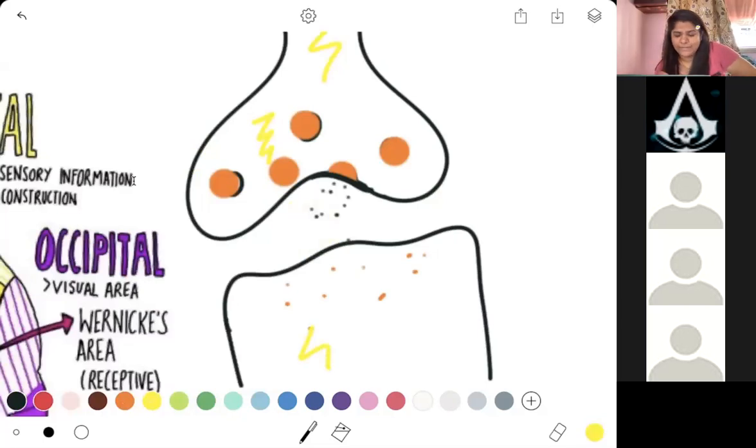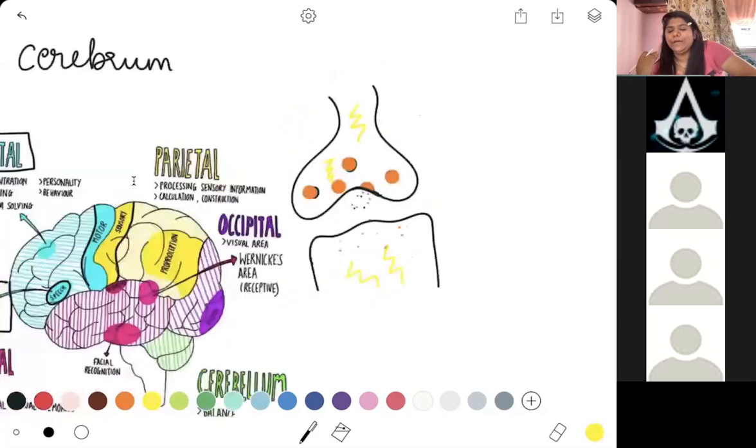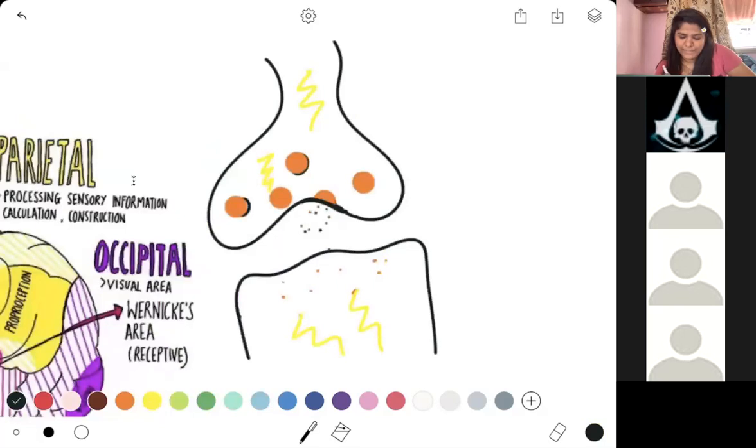This process is called transmission of signals, and this small space that you see here, where your signals get converted from one form to the other, is called the synapse.